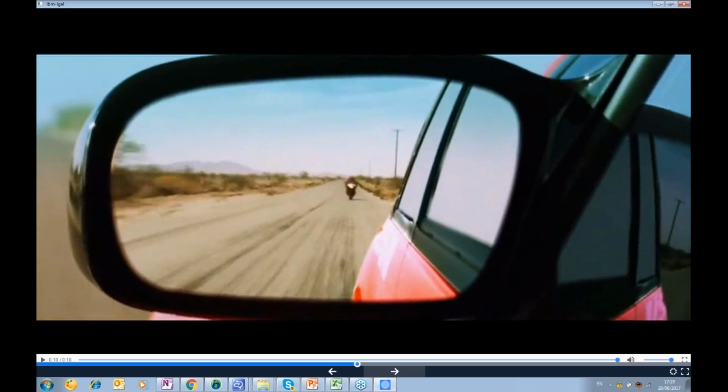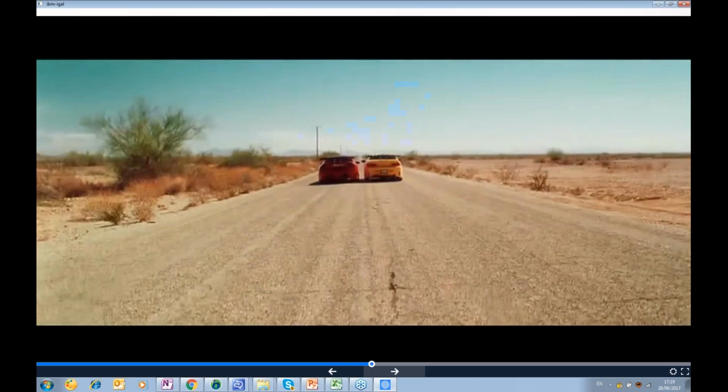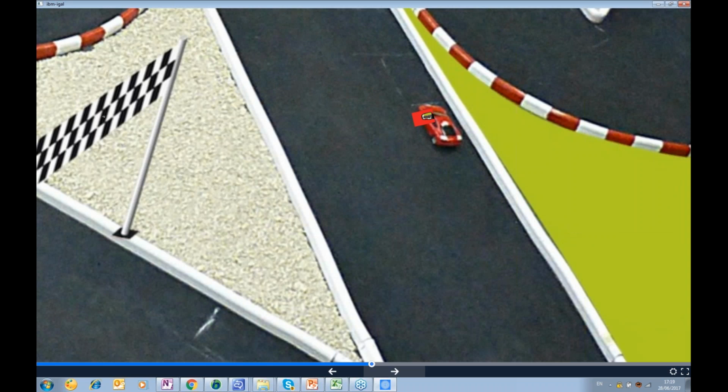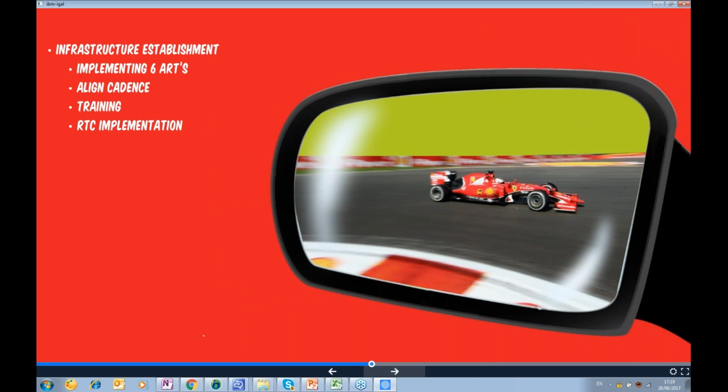Okay, so we start the journey, and when we're looking in the rearview mirror, I can say that we are already about 1 year, let's say almost 1.5 years, after the implementation. We have 6 ARTs, 6 trains, fully implemented.